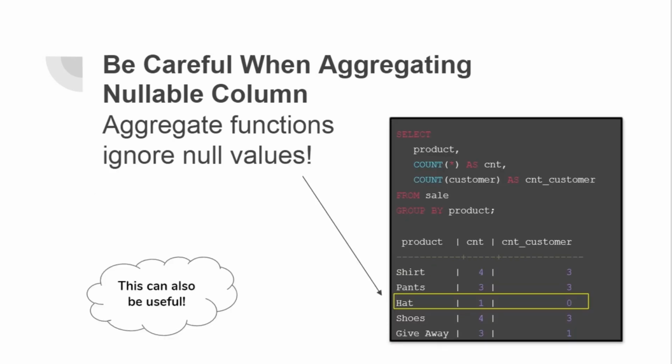When we try to aggregate, we found 0. When we did count star over all rows, we got 1. When we counted the customer field, we got 0. But this can also be useful.